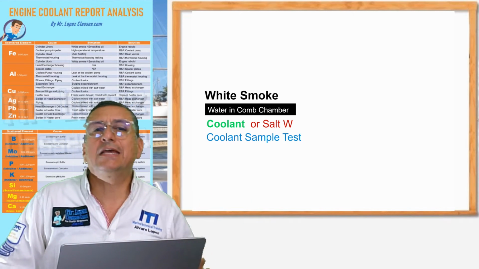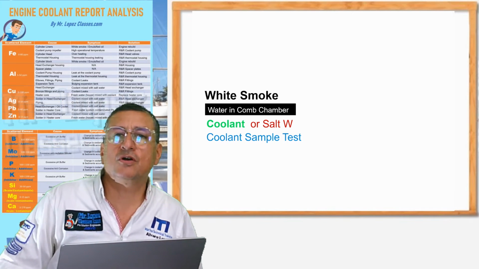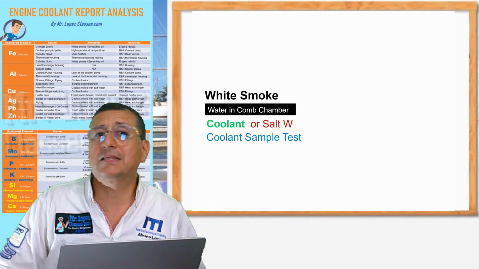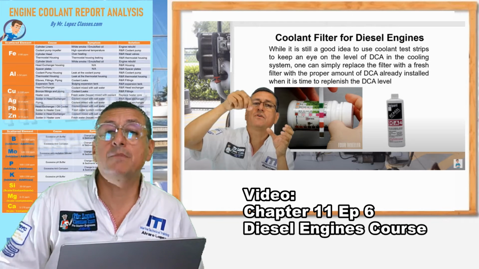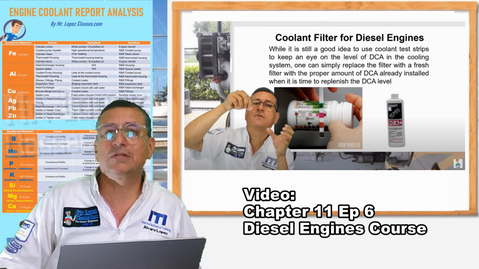Those elements indicate contamination by salt water, or an excessive amount of additives in the coolant. I explained that analysis in detail in the video on coolant sample analysis. Check that video, and you can follow that recommendation.